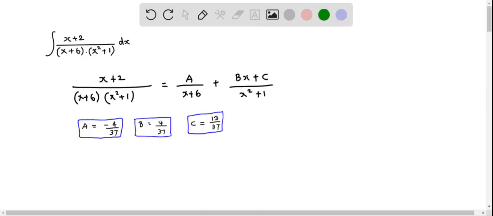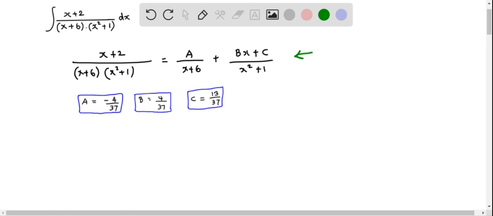So now that we have determined the values of a, b, and c, we can substitute into the partial fraction decomposition equation. So we see that this expression on the left side, that is x plus 2 over x plus 6 times x squared plus 1, equals a over x plus 6.